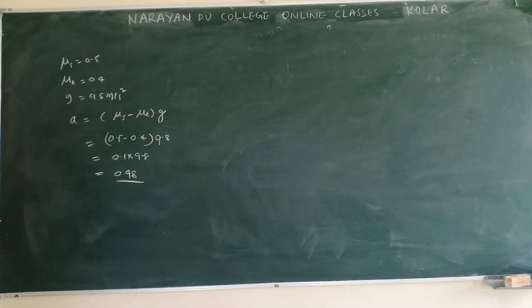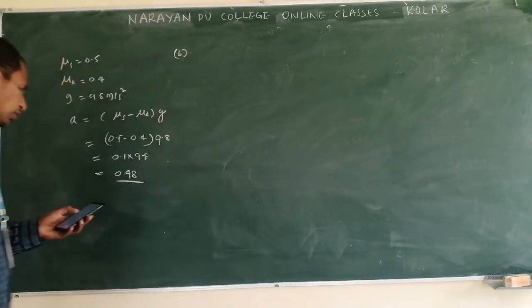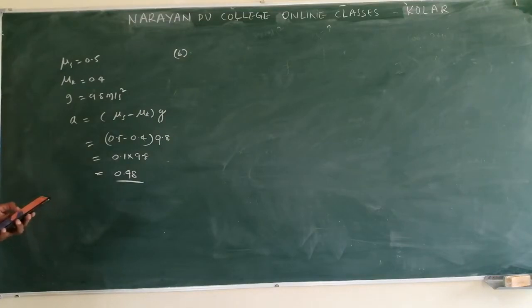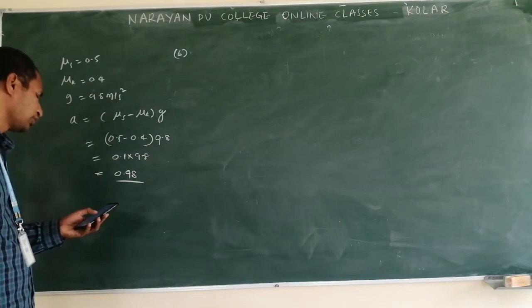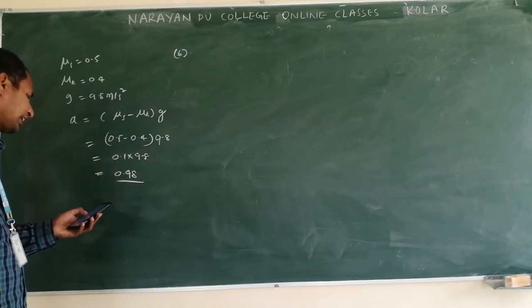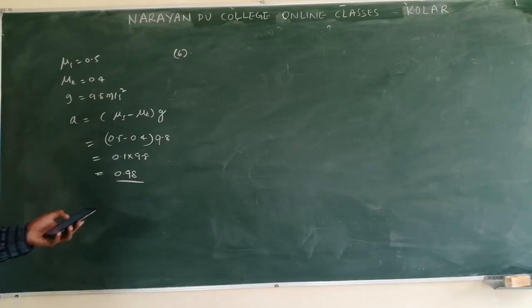Okay, next, the sixth one, an important board question. Blocks A and B, with masses A 1 kg and B 3 kg, are kept on the table as shown in the figure. The coefficient of friction between A and B is 0.2, and between B and the surface of the table is 0.2. What is the maximum force F that can be applied on B horizontally so that block A does not slide over block B?